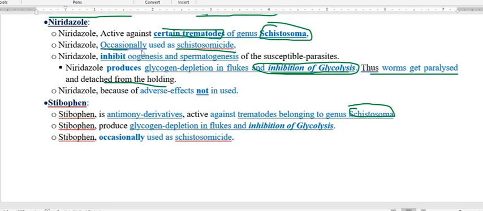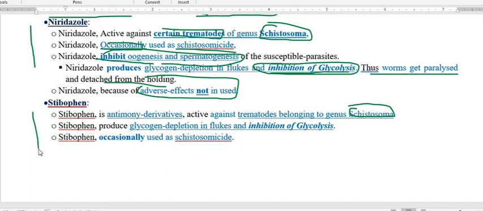It is occasionally used for schistosomiasis because of its toxicity, because of its adverse effects, both niridazole as well as stibofen. Niridazole also inhibits spermatogenesis and oogenesis.